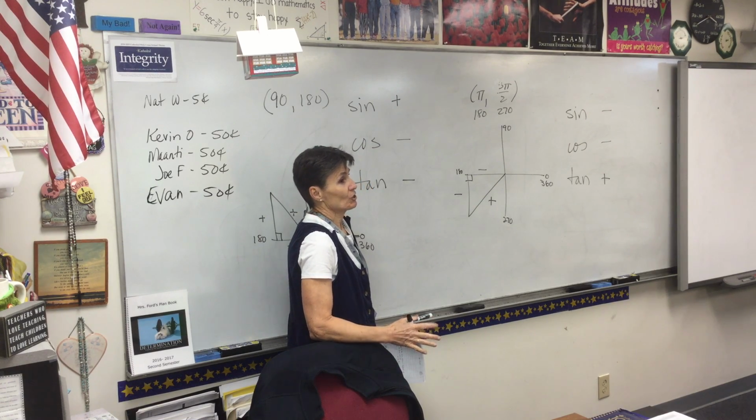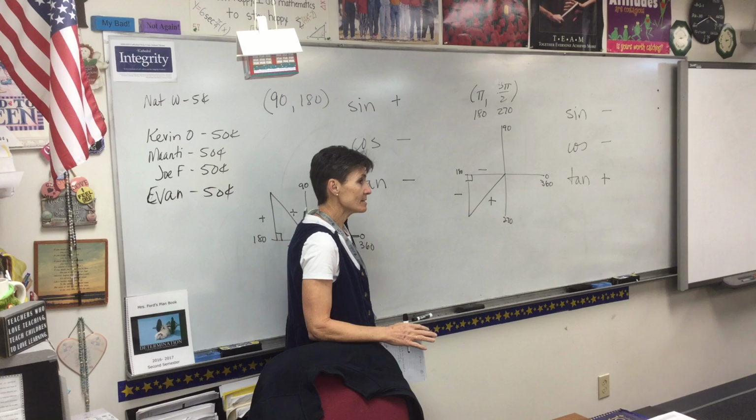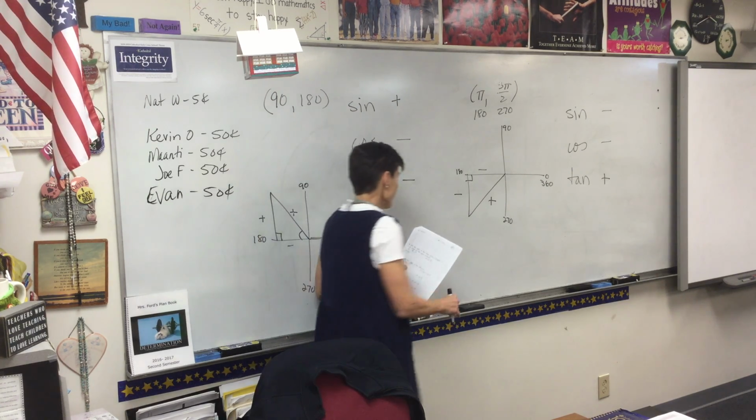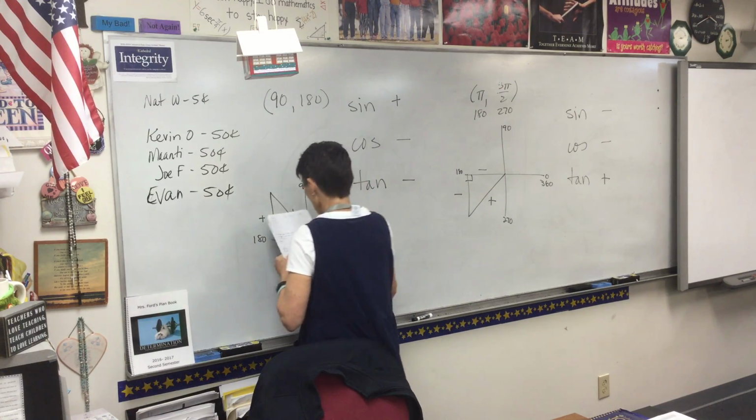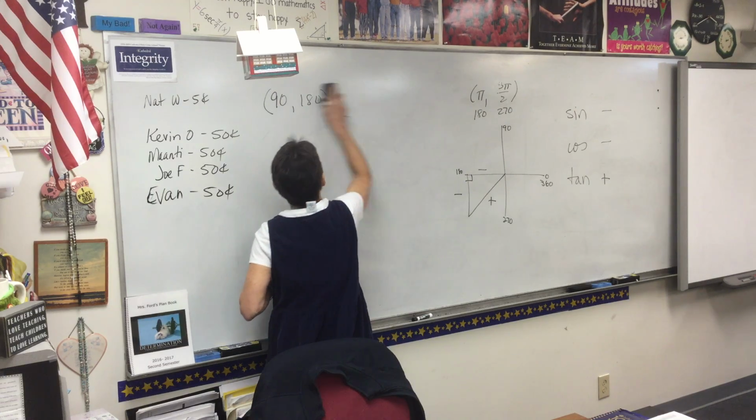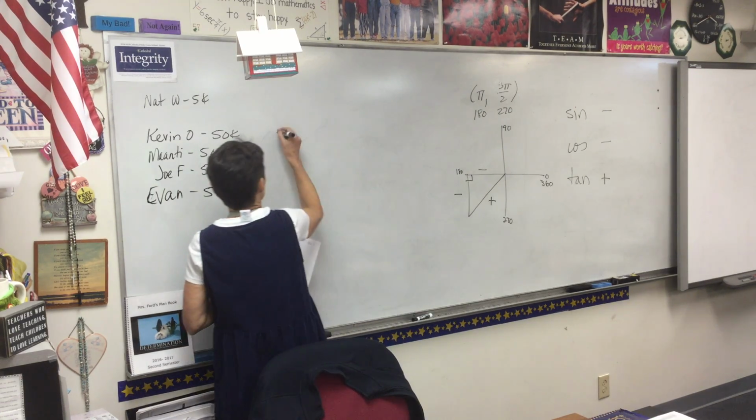Now the next section is exactly the same thing, except they actually give you a number now. Okay? So we want to know the sign, that is positive or negative, of the sine of 152.